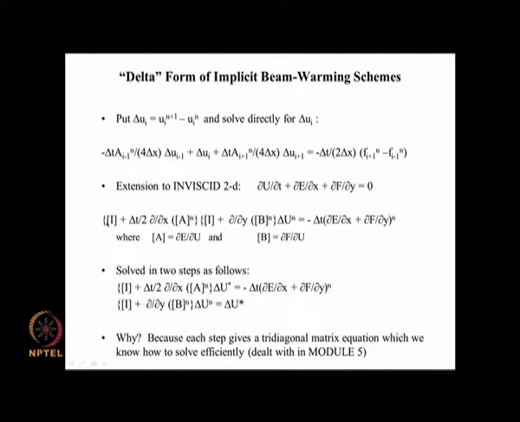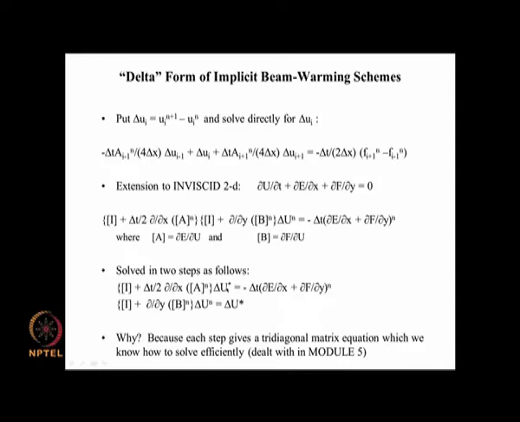So, this equation, I plus ∂/∂x of A times I plus ∂/∂y of B times Δu^n equal to this, is actually solved in 2 steps. First, I plus Δt/2 ∂/∂x of A^n Δu* equals minus Δt times ∂E/∂x plus ∂F/∂y at n.